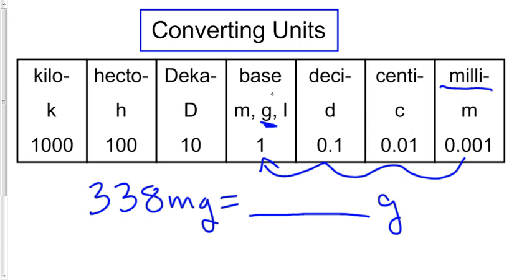So I'm going to do the same thing with my decimal point in 338 milligrams. I'm going to take my decimal point here and move it 1, 2, 3 places to the left. So 0.338. This ties into the whole powers of 10 idea because to get from 1/1000th to 1, that's dividing by 1,000, and that's why we're moving to the left in this case.